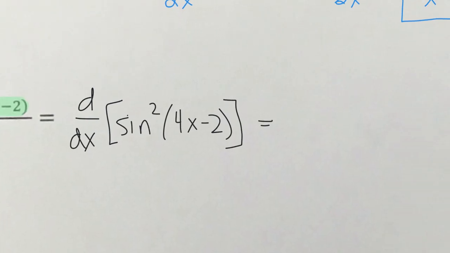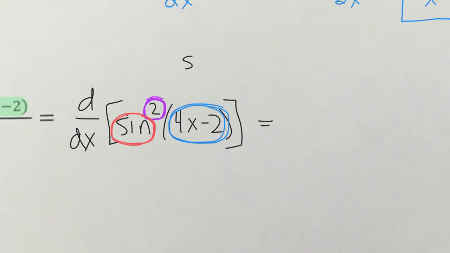How many functions are there here that we're going to be using in our chain rule? How many chains do I have to link together? 3. There are 3 of them. The first one is the square. The square is the first thing that we're going to take the derivative of. The second thing is the sine. We're going to take the derivative of our trig. And our last thing is going to be the 4x minus 2 on the inside.